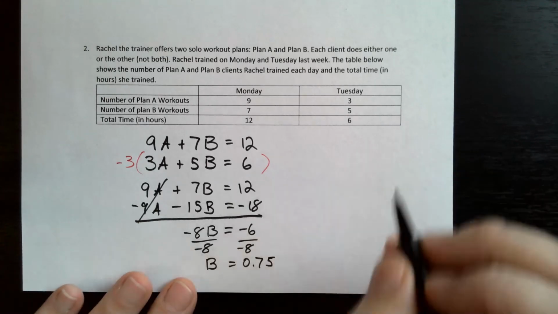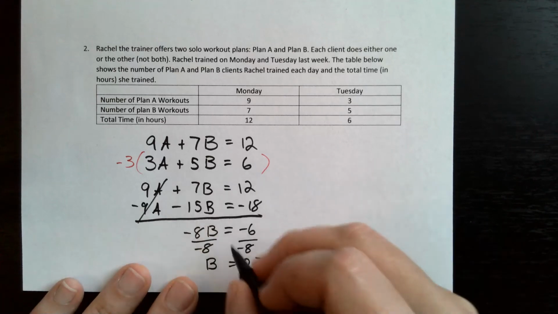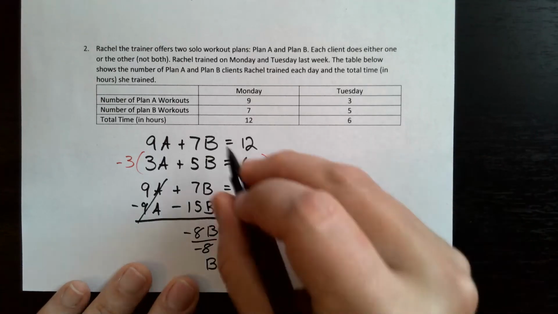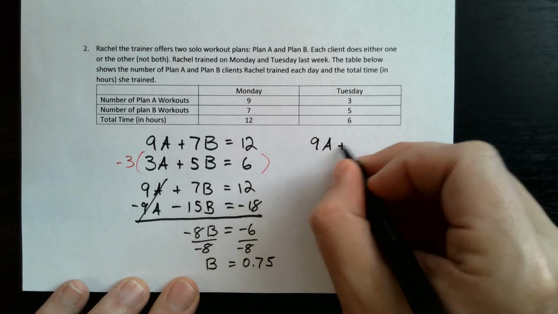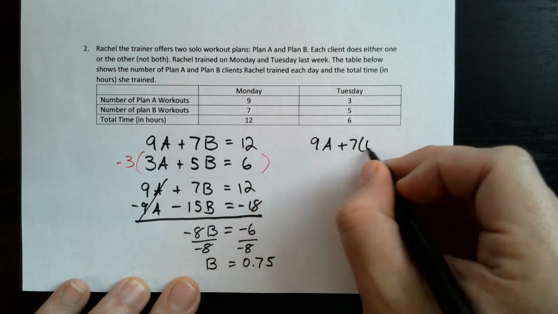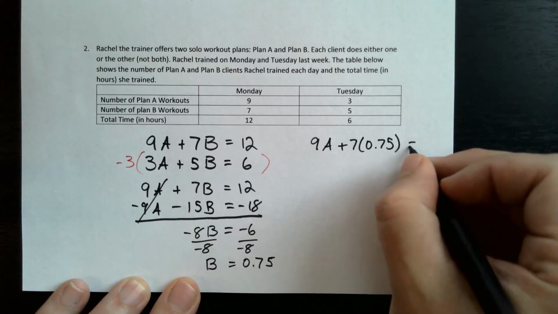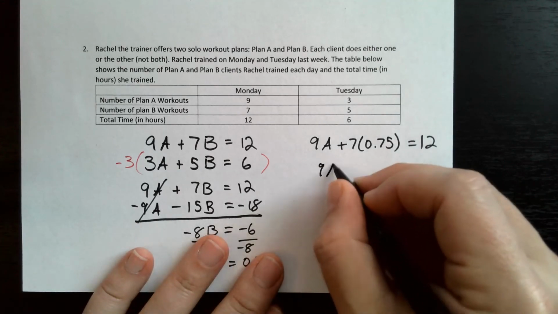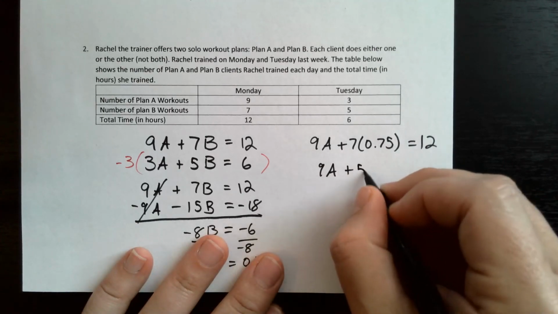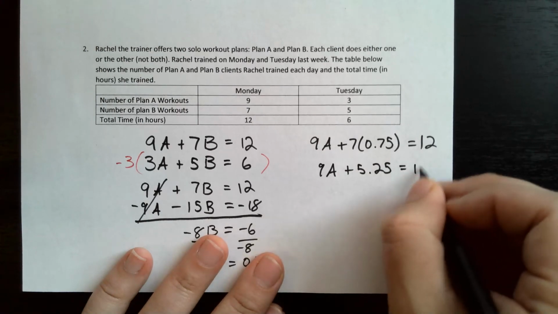So let's figure out what the A is. We plug the B in to either one. Let's do the top one. So 9A plus 7 times 0.75 equals 12. And 7 times 0.75 is 5.25, so you get 9A plus 5.25 equals 12.